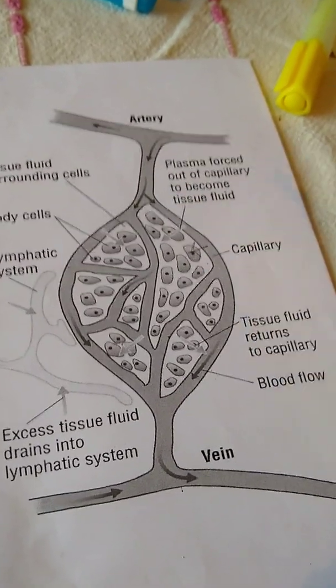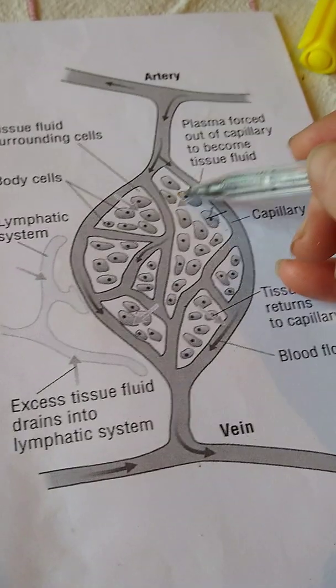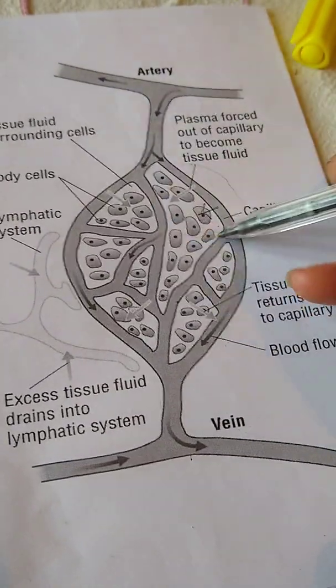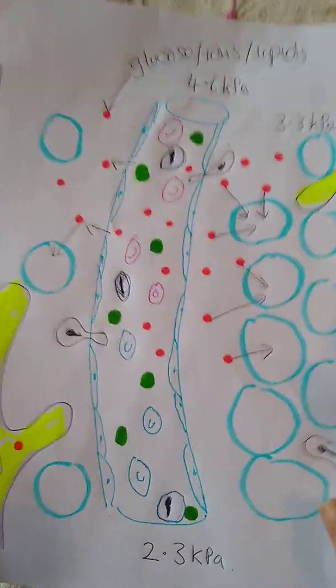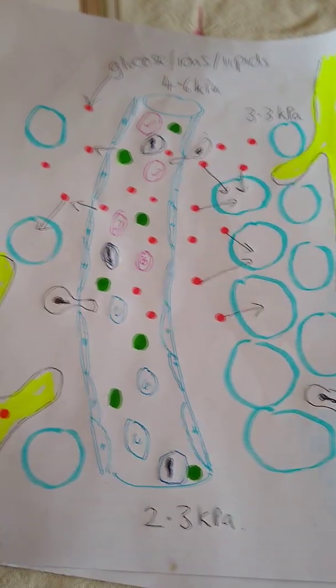And so we need to zoom in onto the capillary to find out how that's happening. So if we look at my lovely diagram here, hopefully it's in focus. I'll try and hold it still.